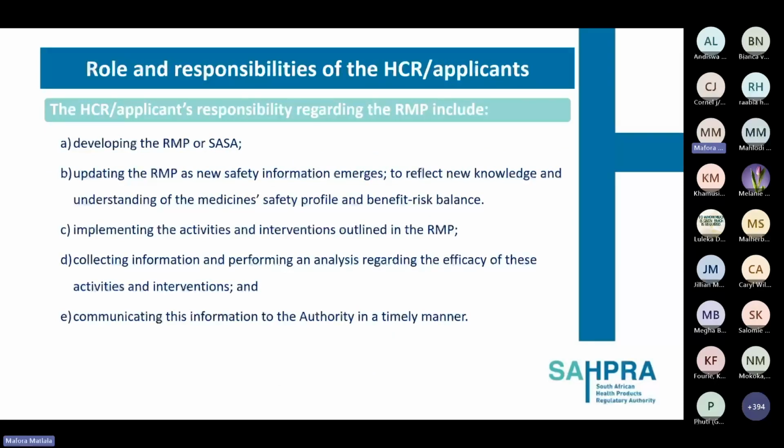As the holder of certificate of registration or applicants, you are mandated to appoint a QPPV or a local PV officer, and it is their responsibility then to ensure the development of the RMP or the SASA, update the RMP as new safety information emerges to reflect the new knowledge and understanding of the medicine's safety profile and benefit-risk balance, implement the activities and interventions outlined in the RMP, collect information and perform any analysis regarding the efficacy of these activities and interventions, and communicate the information to the authority in a timely manner.